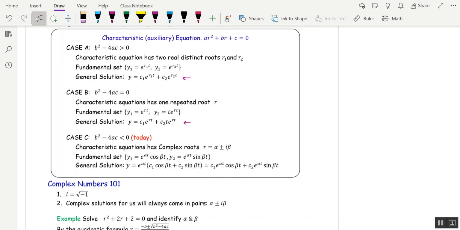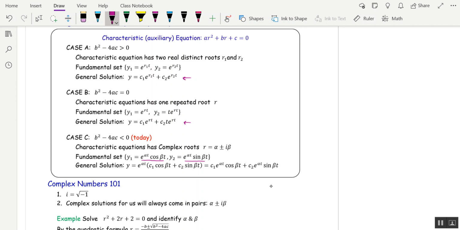That's because our fundamental set is e to the alpha t cosine beta t, e to the alpha t sine beta t. I'll explain where that's coming from at the end of the lecture. It's a little mysterious, and it might seem awkward at first, but after you do a few problems, you'll just get used to writing that down. You do have to memorize this.